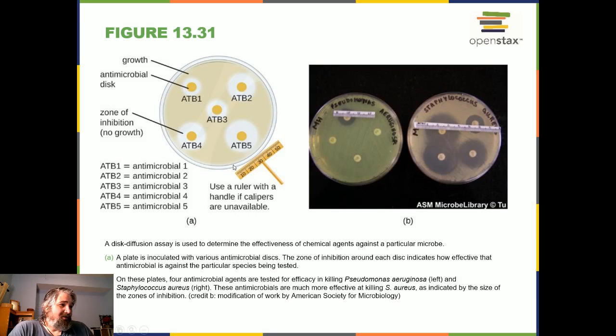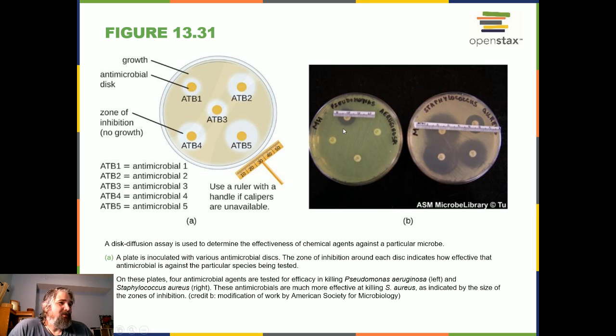So we measure our zone of inhibition by measuring the diameter. Here, you have these little rulers on top of the plate lid. Here we're looking at Pseudomonas aeruginosa and Staph aureus with five antimicrobial compounds. Different antimicrobial compounds will affect different organisms in different ways.